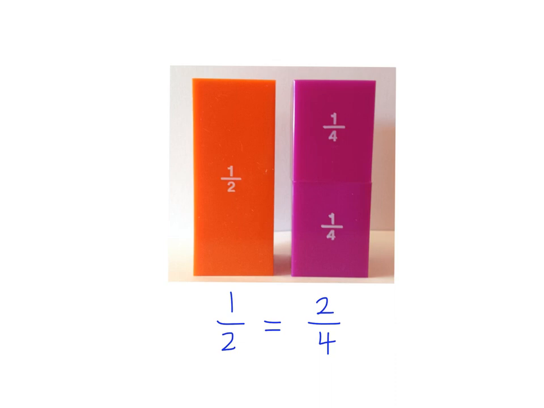If you look at the fractions 1/2 and 2/4, you can see that they are equivalent. They take up the same amount of space. If you look at the top, they line up, the bottoms line up. There are two pieces on this side, one piece on this side. So we have 2/4 is equal to 1/2.